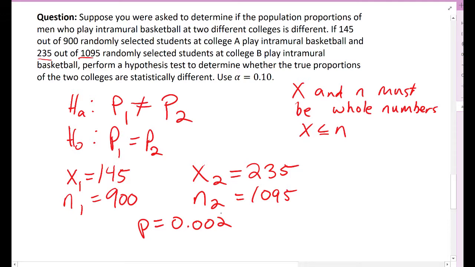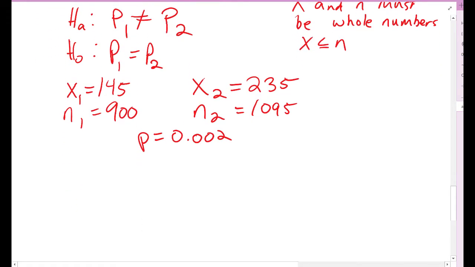All right, here we go. Let's compare that to our alpha of 10%. 0.002 is less than 0.10.